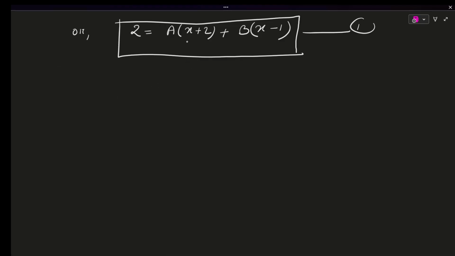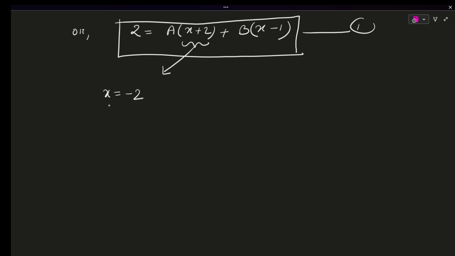Here you can see we have x plus 2. That's why in this equation we will put x equals minus 2. If you put x equals minus 2, this whole term will get 0 and we can easily find out the value of B.